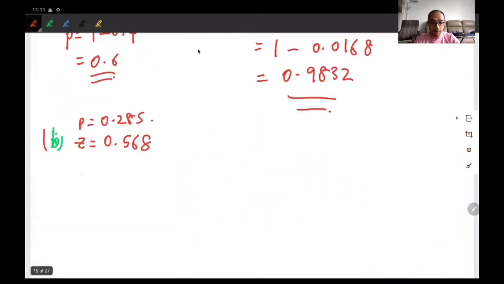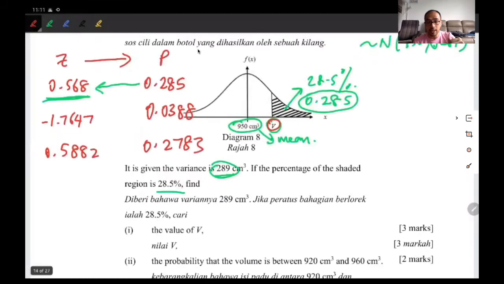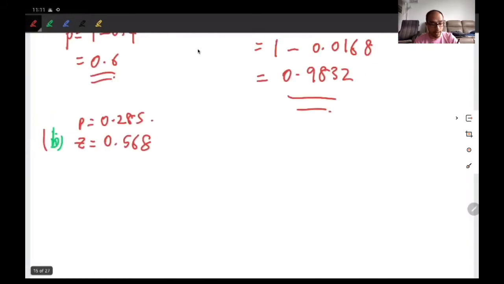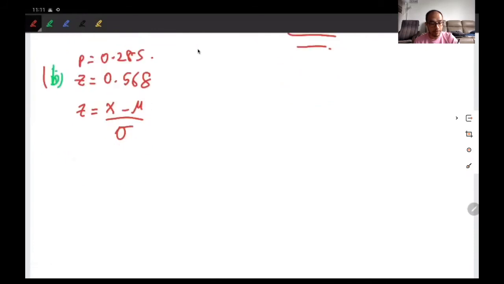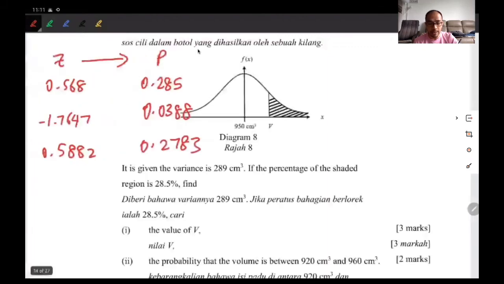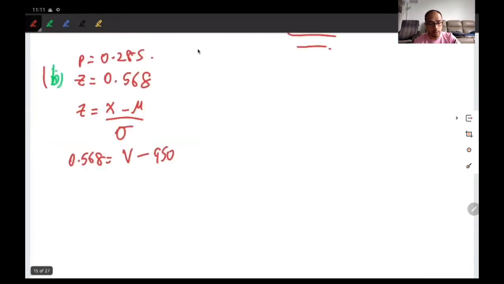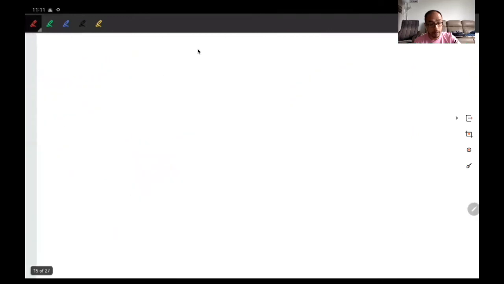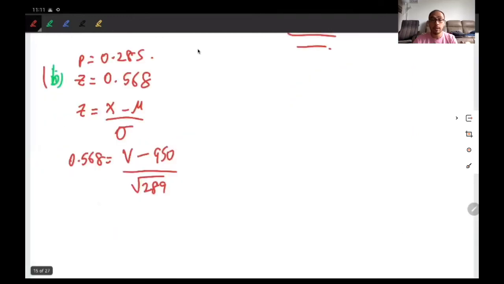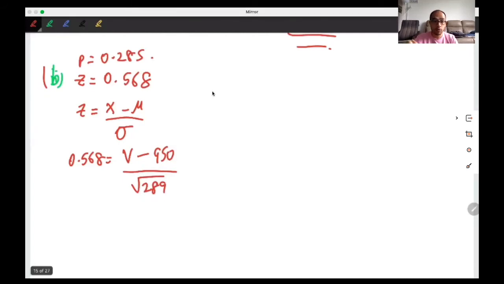If I want to find the value of this V, I have to use the Z formula. So Z equals X minus mu over sigma. My Z is 0.568, my X value is the V I want to find, the mean is given as 950, over the square root of 289.